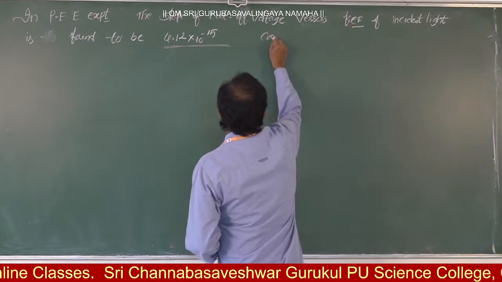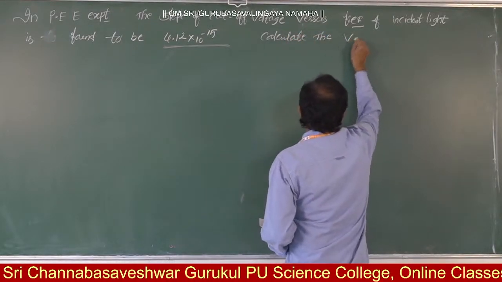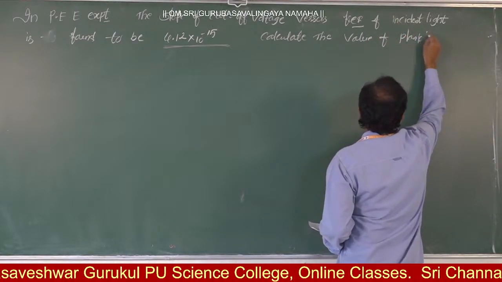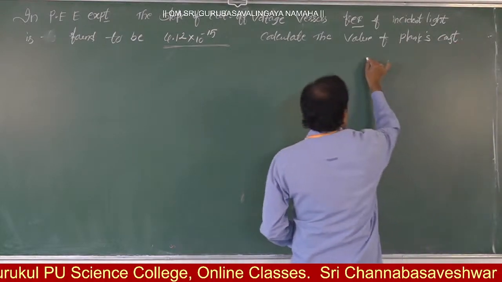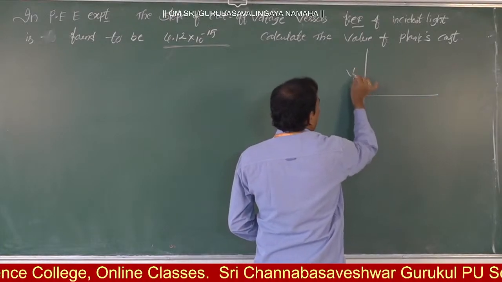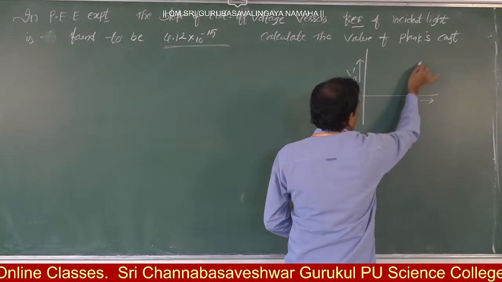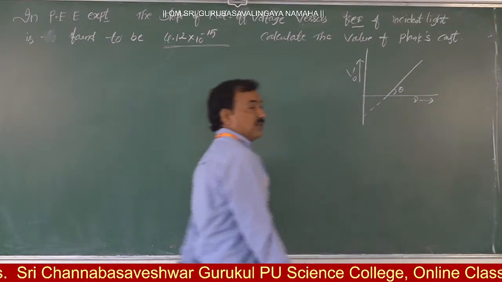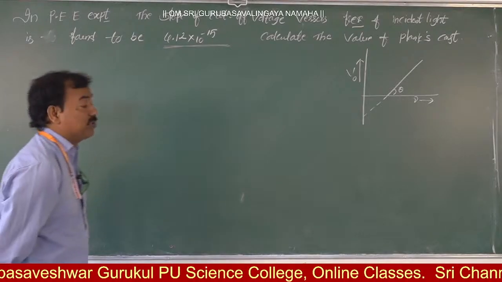Calculate the value of Planck's constant. This cutoff voltage value is taken on the y-axis and frequency on the x-axis here. The sum is completed. What about the units?